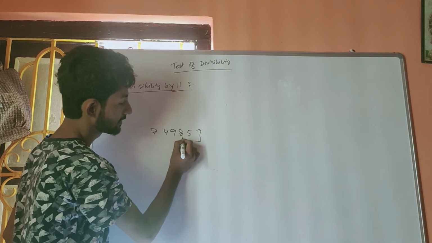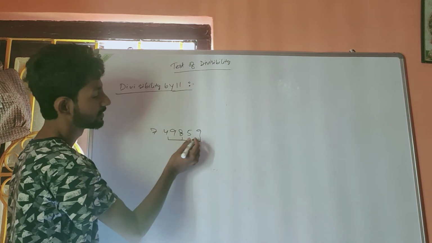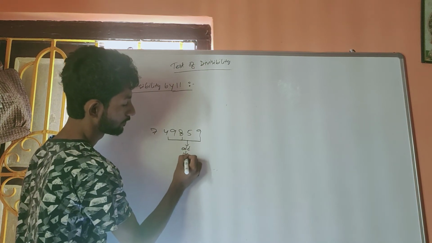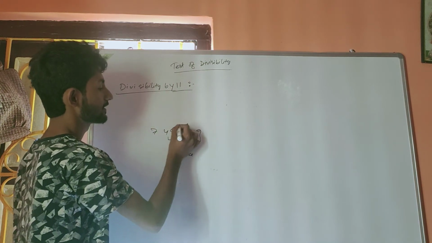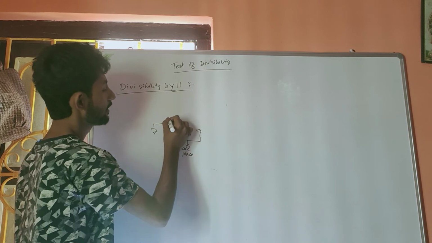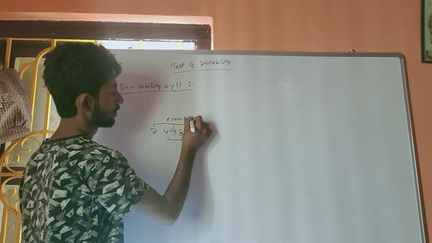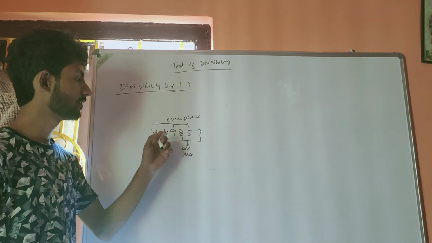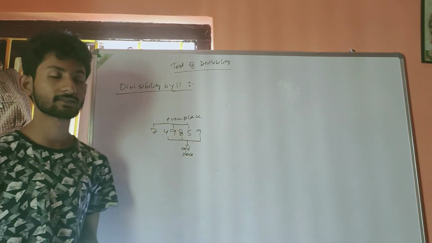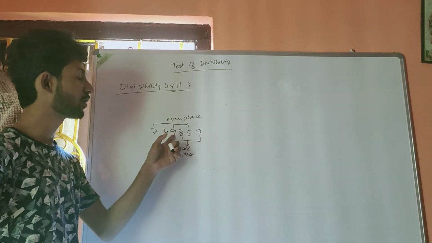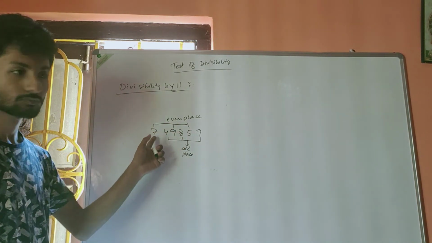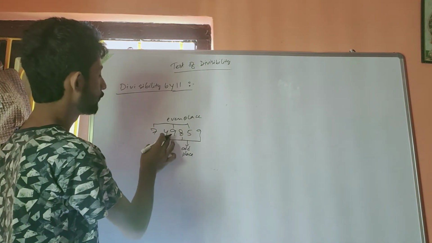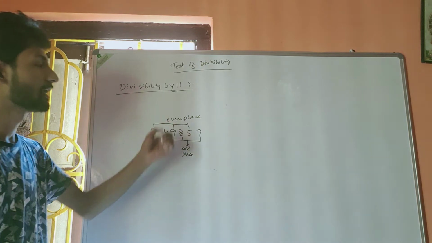These places are called odd place. These places are called even place. This is the first place, third place, fifth place. These are called odd place, and second, fourth, and sixth place are called even place.